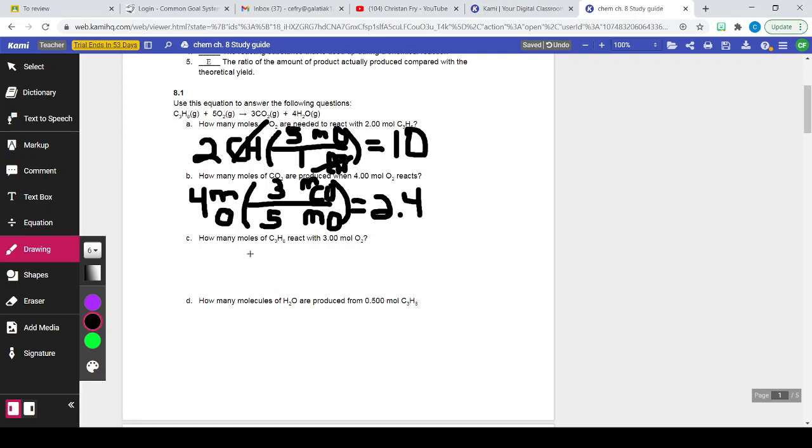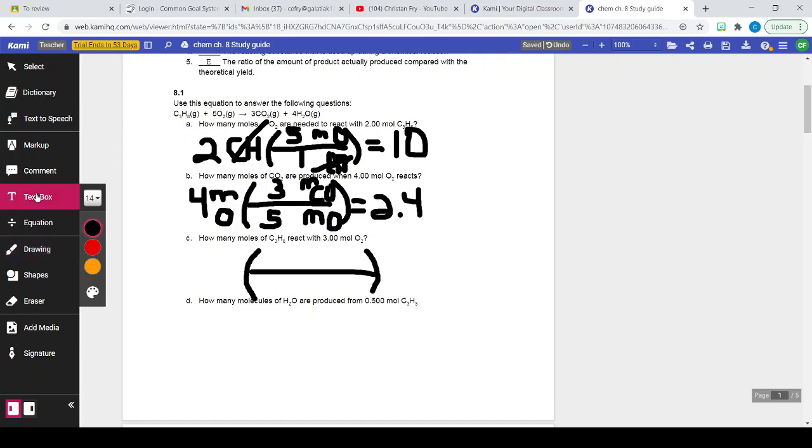Okay, so this next one, I'm just going to put the parentheses. It is still a mole to mole, so we're just going to have one set of parentheses. So I'm going to go ahead and draw my parentheses out. But now I'm going to see if I can do a text box. Okay, so what I'm starting with here is 3 moles of O2. I think I can even get that subscripted there, I believe.